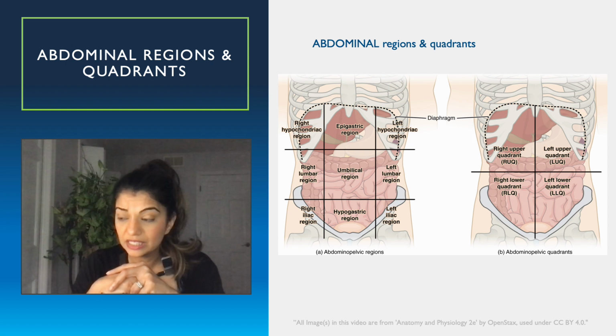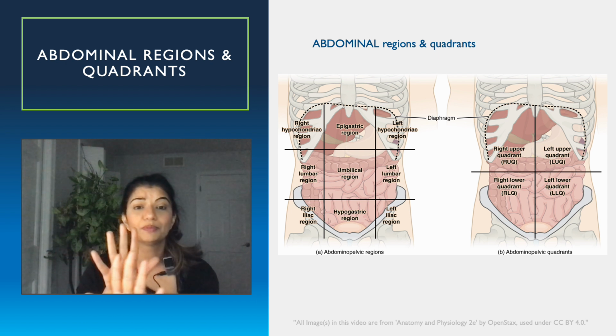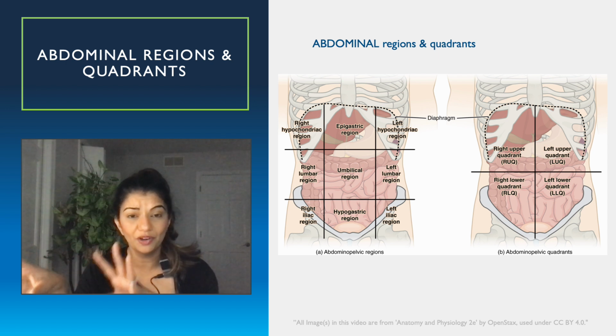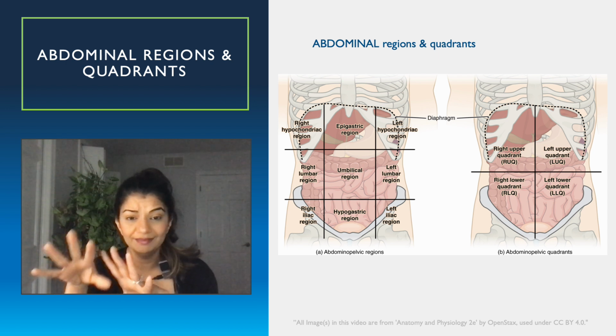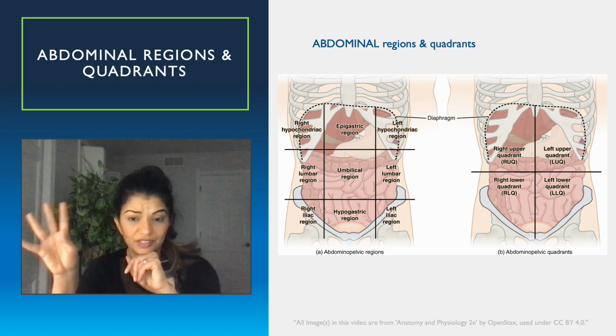Now, what I would suggest you do is learn both, and then also learn to use them interchangeably and superimpose them on each other so you know which quadrant aligns with which region. But let's go through this. The regions are actually 9 of them, and the quadrants are actually only 4.